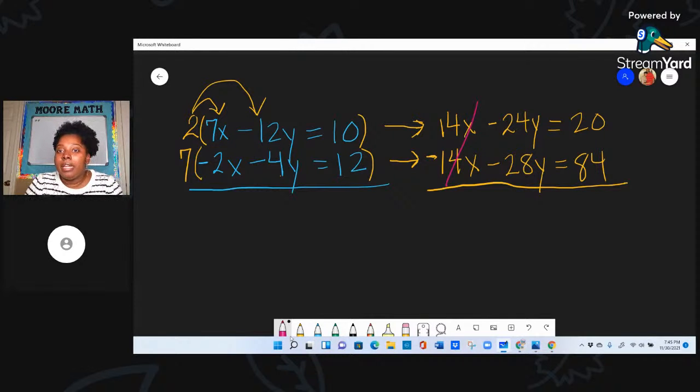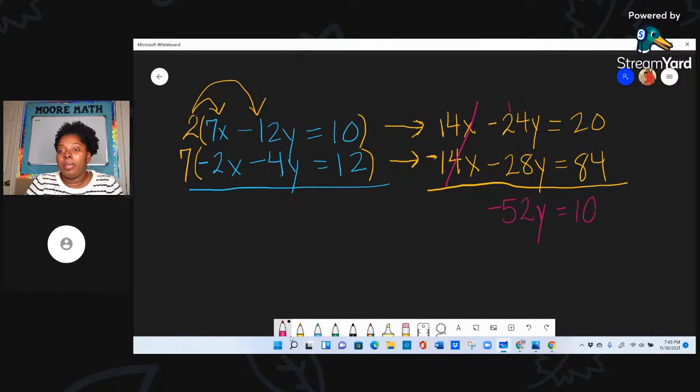Now, negative 24y plus negative 28y. You know we're going to have a y here. Negative 32y. Okay, 4 plus 8. 12. Okay, 2 plus 2 plus 1. 5. Good. Okay, so negative 52y.